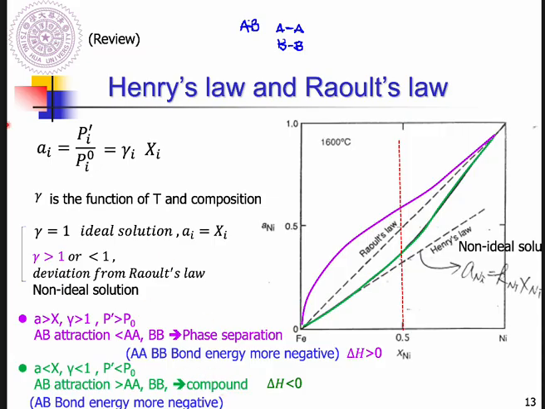Just a quick review. What are A and gamma related with? The purple and green lines are non-ideal solutions, which means that you need to compare the bond energy between AB versus AA and BB. But the ideal one has no difference between all of them.